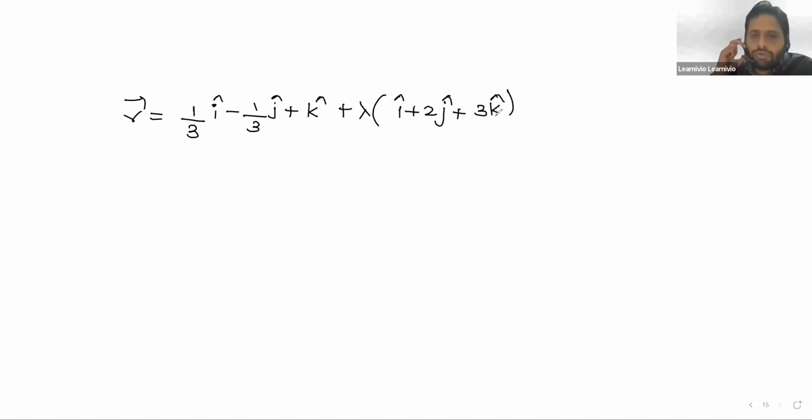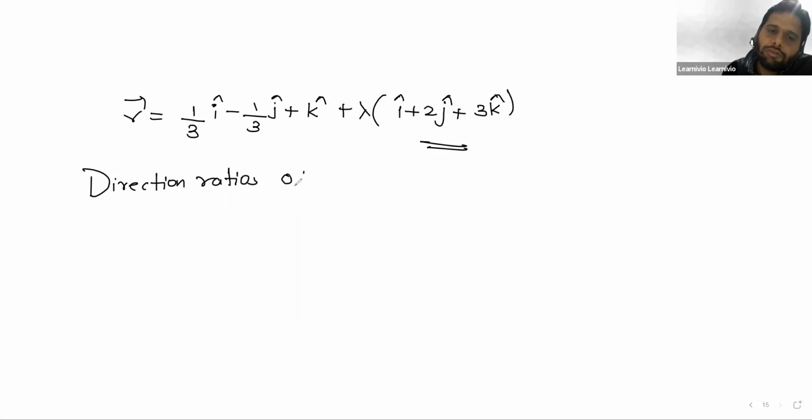Now the second question was to find the direction ratios. This line is parallel to this vector, so we will write the direction ratios of the line are proportional to this one.